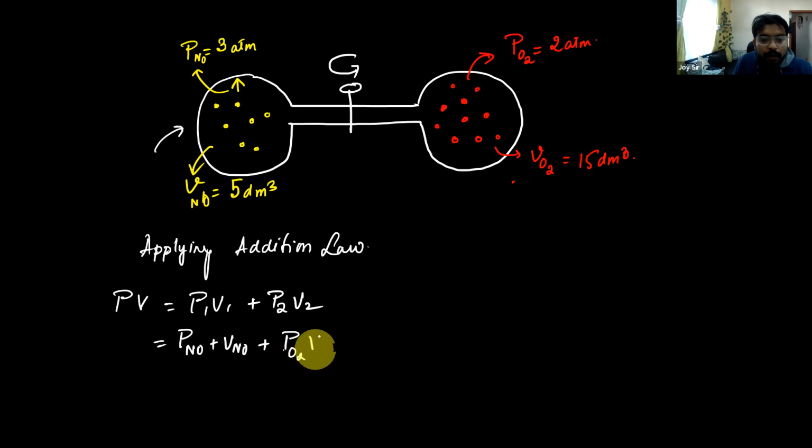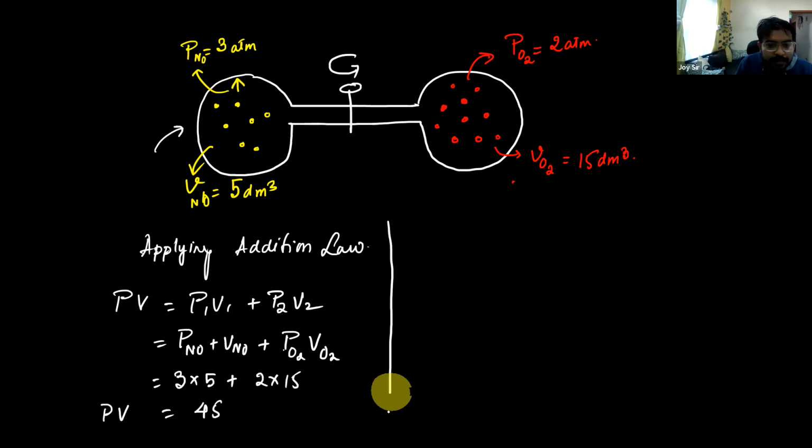PO2. वॉल्यूम 2 किसको लेंगे? VO2. So if we take the values, 3 times 5 plus 2 times 15, it will give you a total of 45. PV is equal to 45. Okay, there is no unit right now.